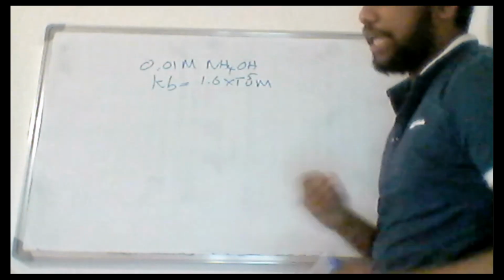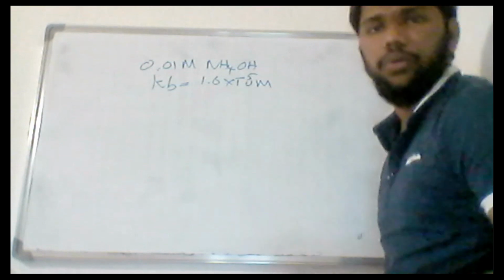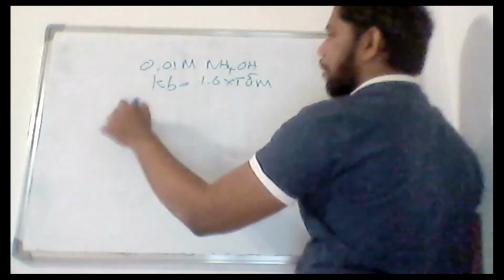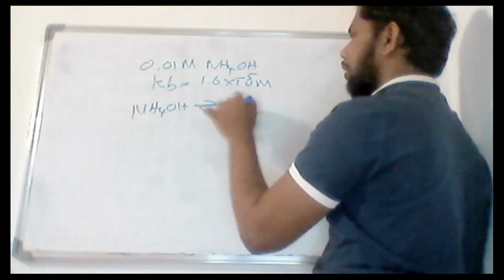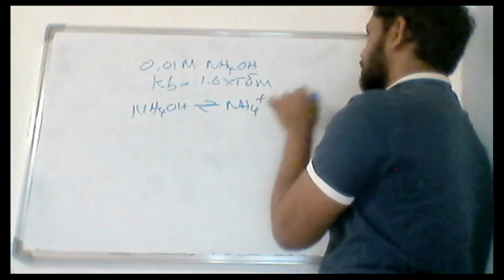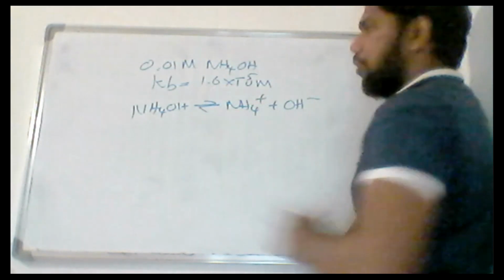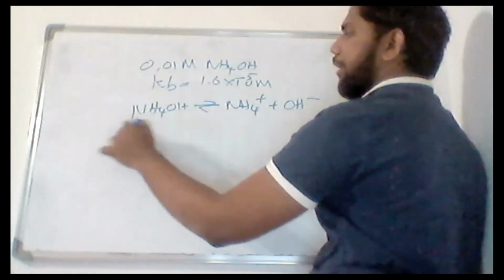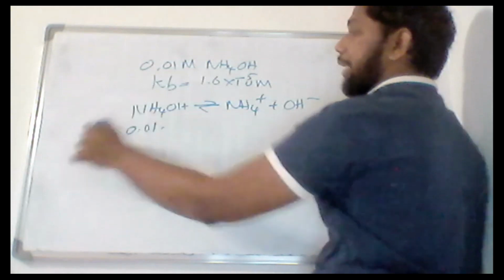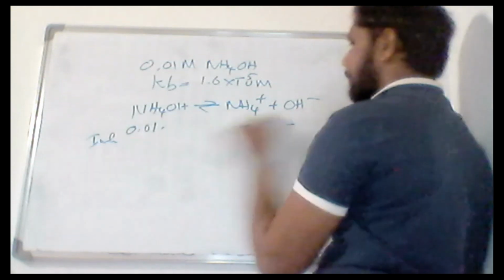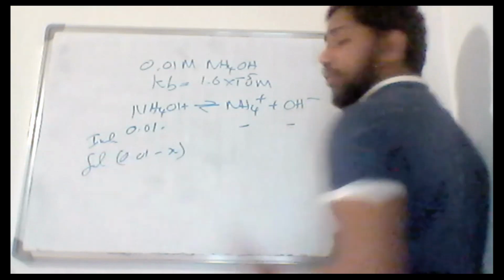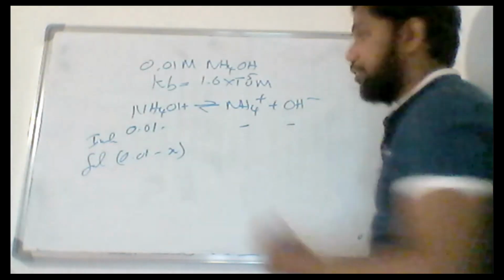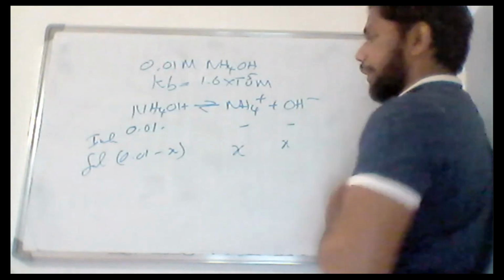Okay, so again you need to think about its equilibrium. If you remember, it was like this: NH4OH gives NH4+ and OH-, right? You know the concentration, so you can take this as 0.01 initially, and finally this will be 0.01 minus x. x is the dissociated amount, so the products will be x and x.